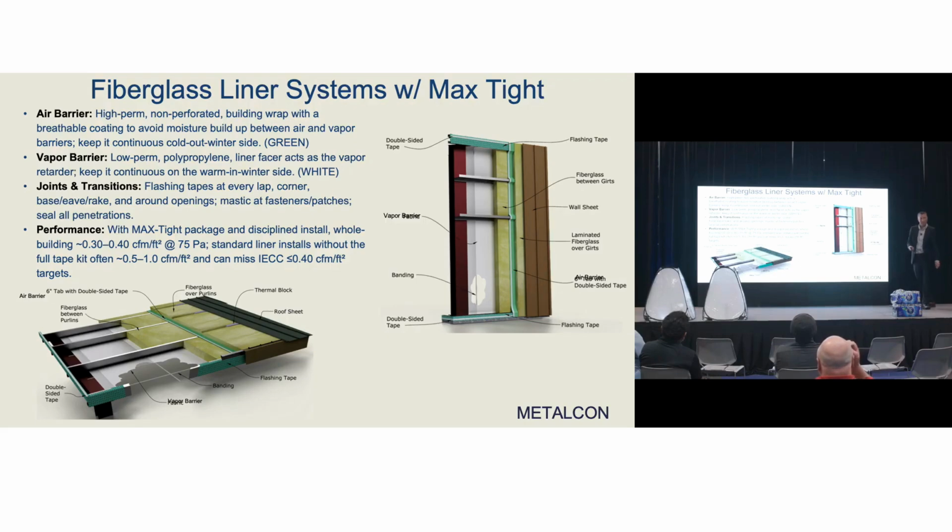Now, if you remember from one of the other slides, our code requirements are 0.4 for a blower door test. When we change, it's gonna go to 0.35. This system will take us through 2024. It is incredibly detail-oriented. There's about 14 steps to get it done, but it will work. We can keep doing fiberglass into 2024.